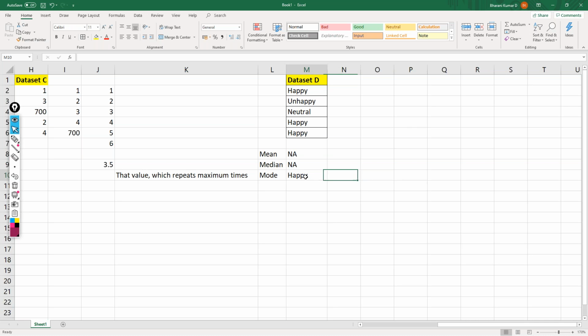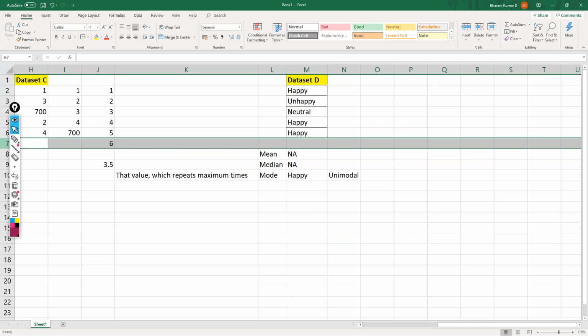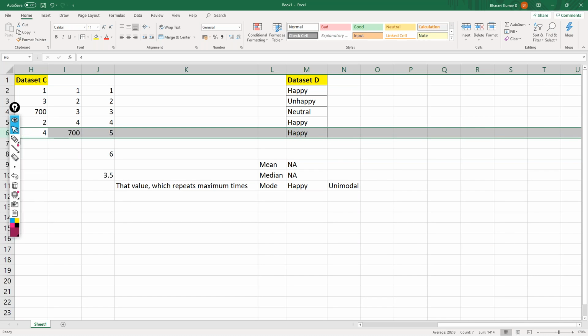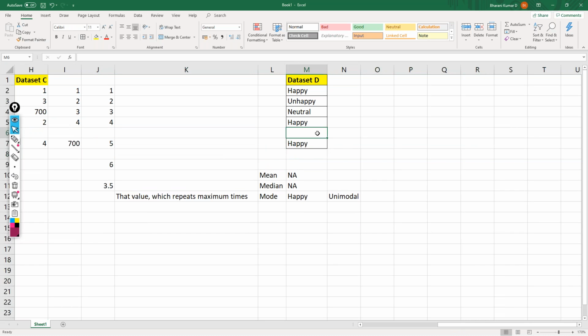If you have a single mode, it is called unimodal. Say another person also was surveyed, and that person told, I'm unhappy. And say another person also says, I'm unhappy.